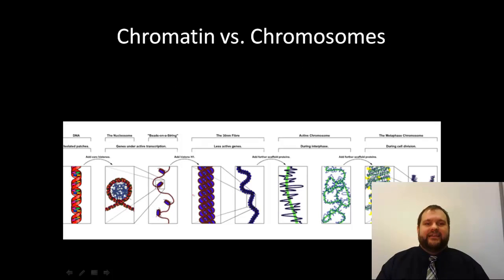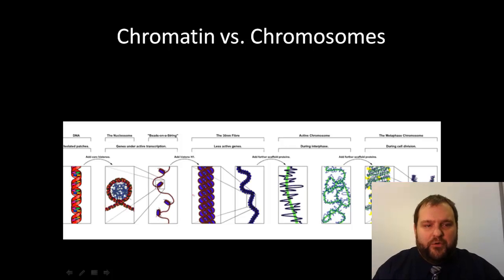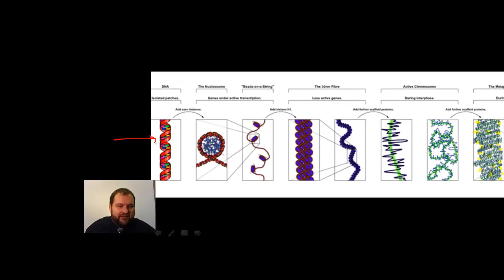So if we talk about this idea of chromatin versus chromosome, down here in this picture I just want to show you the structure of a chromosome. We start off down here with DNA. That DNA becomes wound around proteins called histones. So we take DNA and we wind it around proteins called histones, and we end up with something like this. Here's our DNA, and it's wound around these histones.